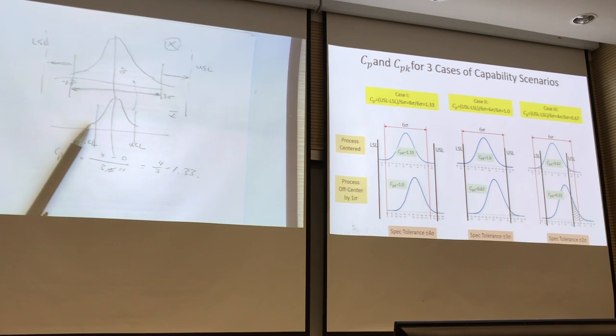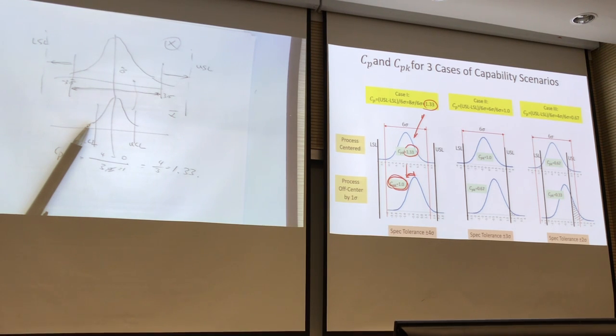So when the mean is moved by 1 sigma, CPK is 1. Now you see in case 1, CPK was 1.33 when centered. When it's moved by 1 sigma away, CPK reduced, but your CP is still the same.